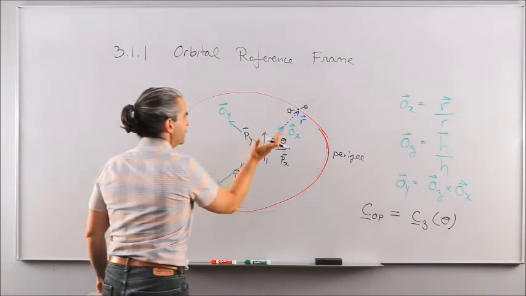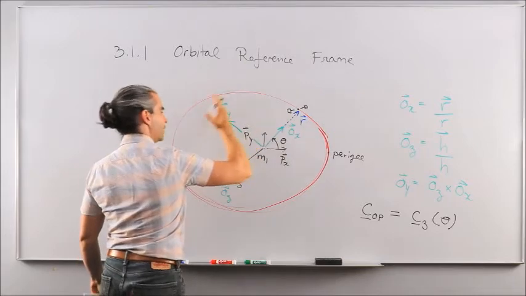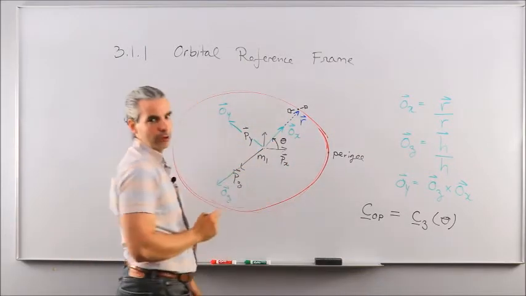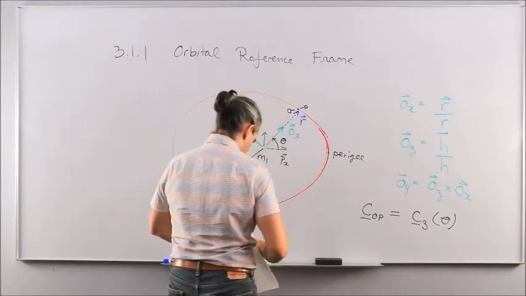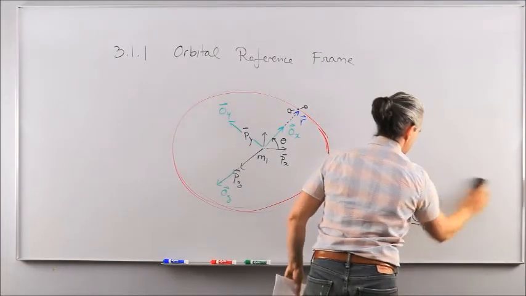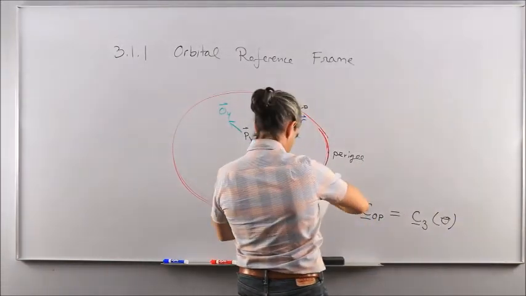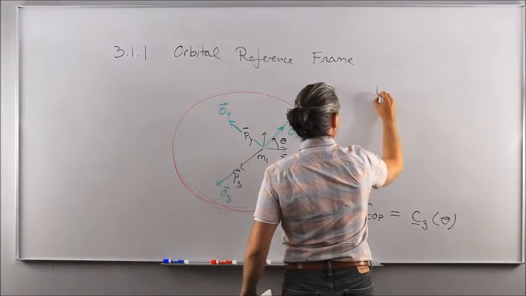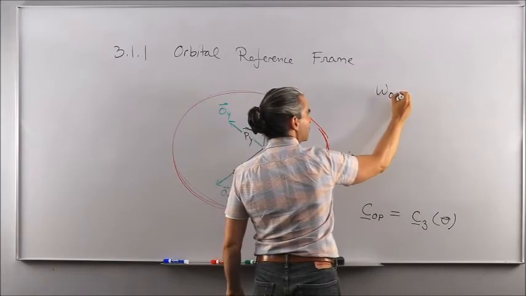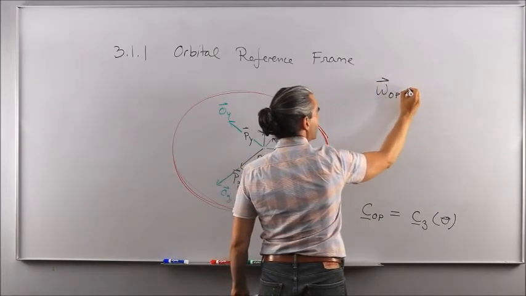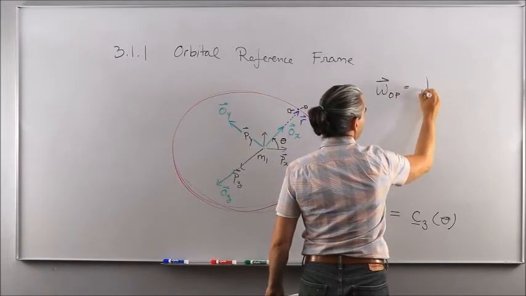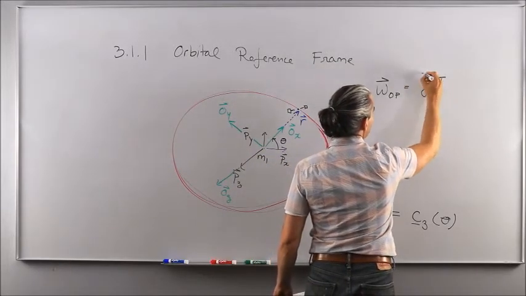Now, at what speed is the orbital reference frame spinning around like that? Well, it only depends on the rate of change of our true anomaly theta. So we're going to write that omega of the orbital reference frame with respect to the perifocal reference frame can be expressed in terms of vector and its components, say in the orbital reference frame, like that.